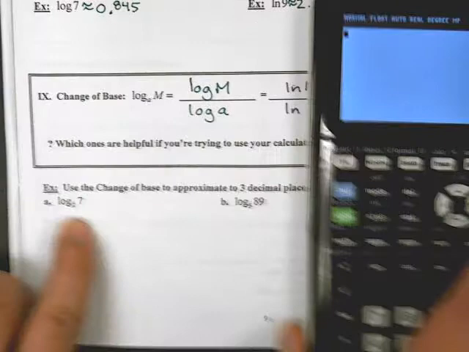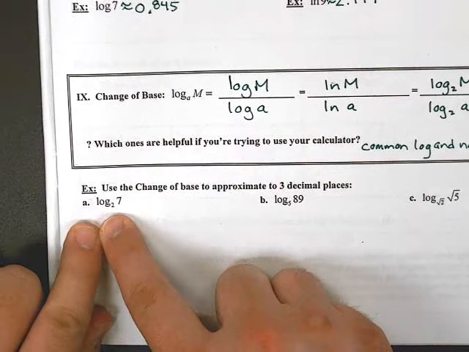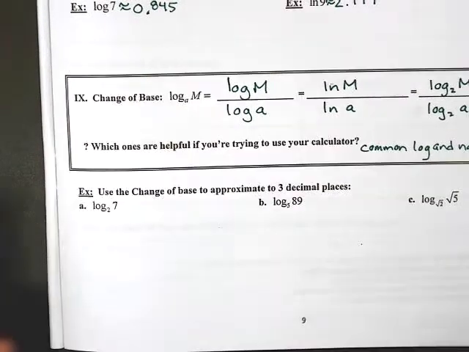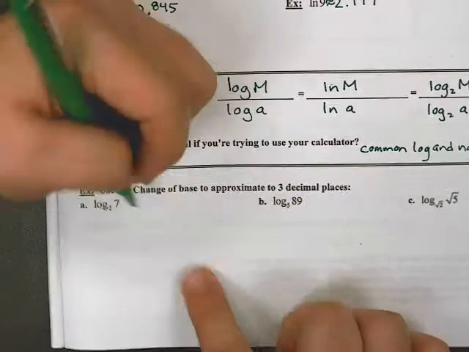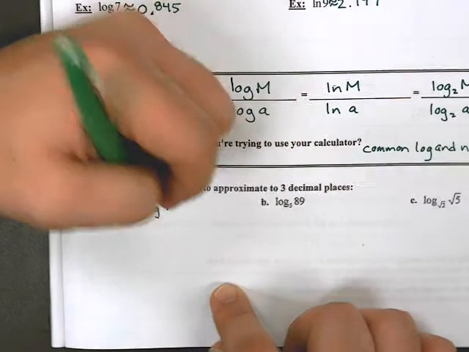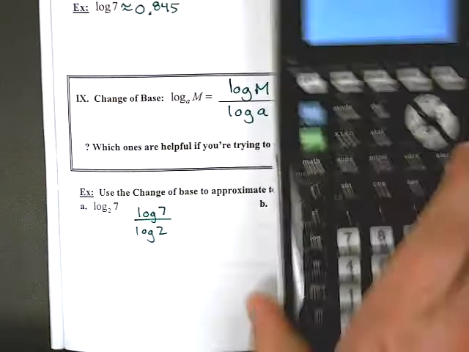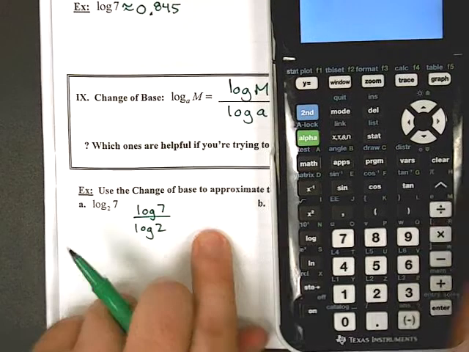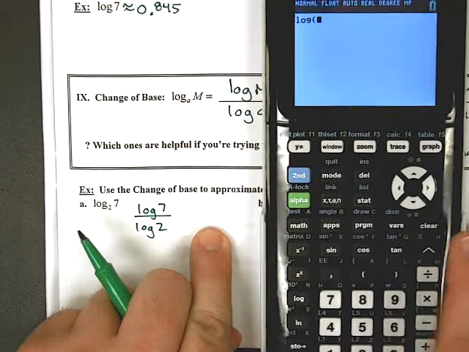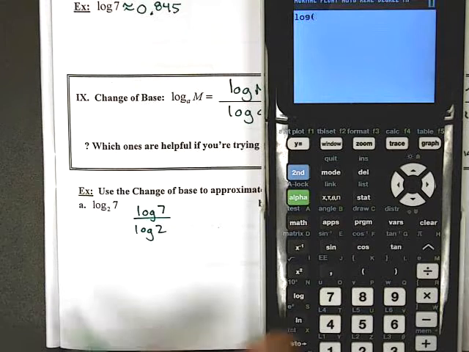So, again, I can't do this on the calculator as is, because it has a base and an argument. What I need to use is the change of base. So, maybe let's do log 7 over log 2 and see what we get. Be really careful, guys. Make sure that you are punching everything in and closing brackets and whatnot.